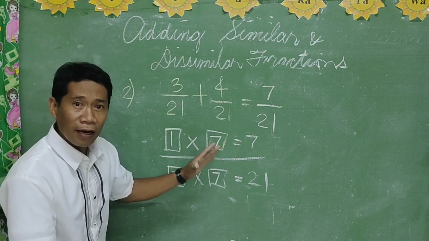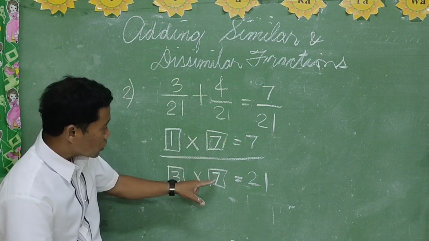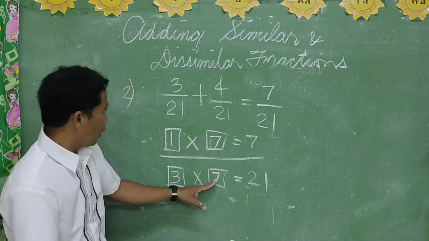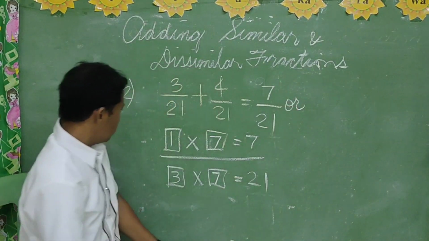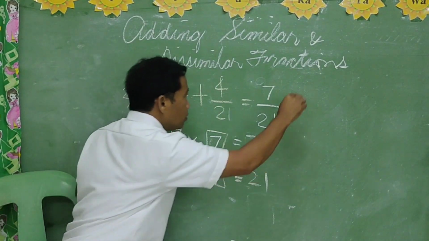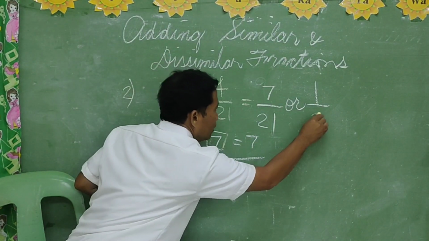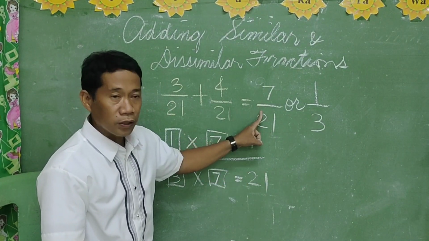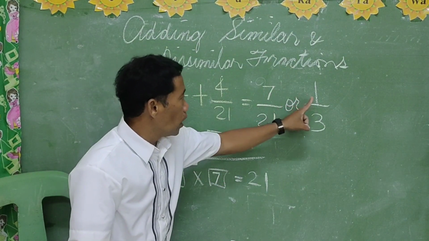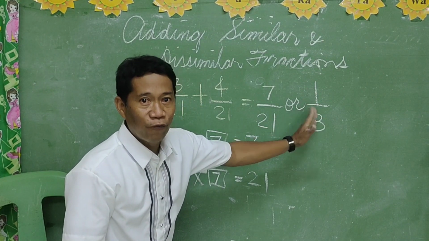Ngayon, anong bilang ang magkakapareha dyan? Siyempre, itong bilang na ito at saka itong numerong ito. Ngayon, anong gagawin natin dyan? Kopyahin mo na lang ito. Lagay dyan. Then, ito dito. Lagay dito. So, sa madaling salita, 7/21 or 1/3. And this answer is in simplest form.